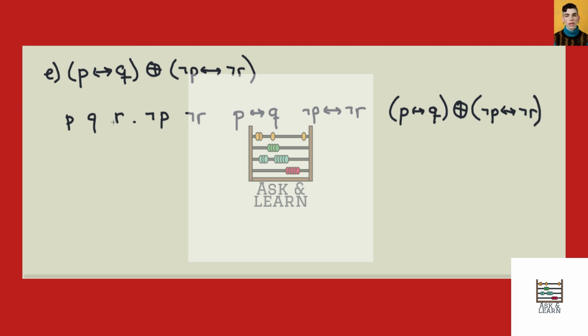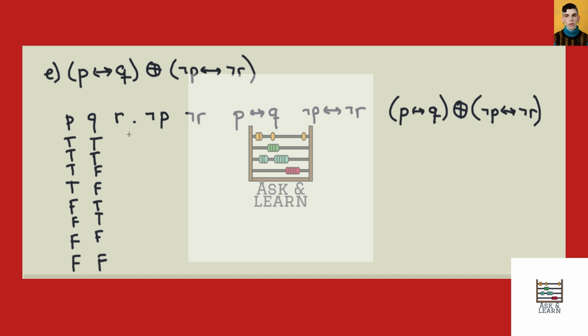So since now there are three variables, there are going to be different combinations. So here we'll start with P, true, true, true, true, then false, false, false, false. For Q, it's true, true, false, false, true, true, false, false.